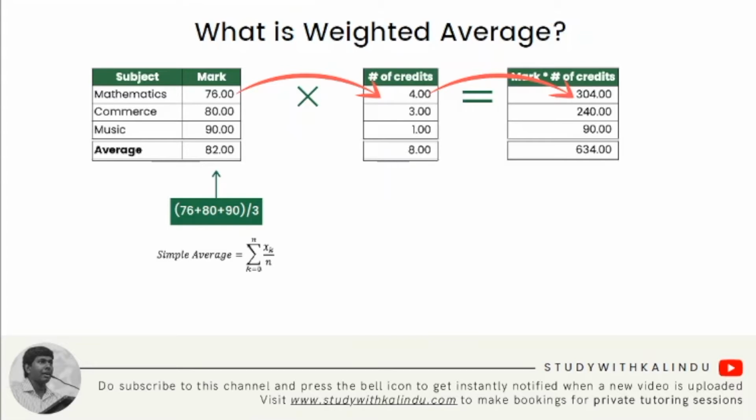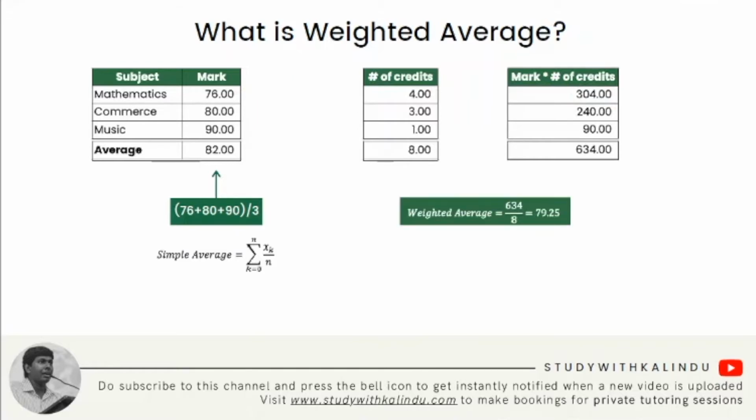And for commerce, when you multiply 80 by 3, you get 240. And similarly for music, you get 90 multiplied by 1. So now you get a grand score of 634 by adding all the scores multiplied by their respective credit. And this is the fundamental of weighted average.